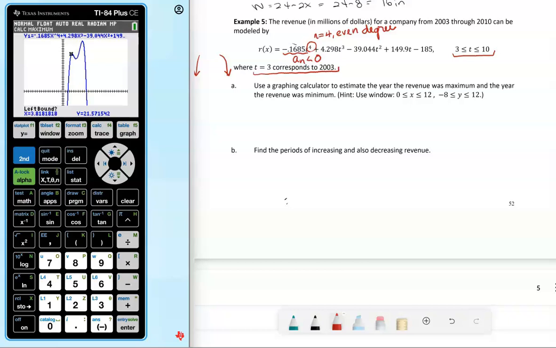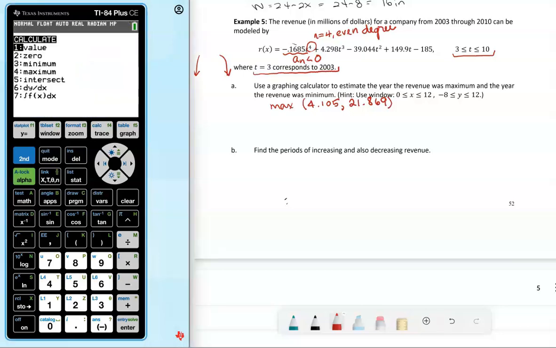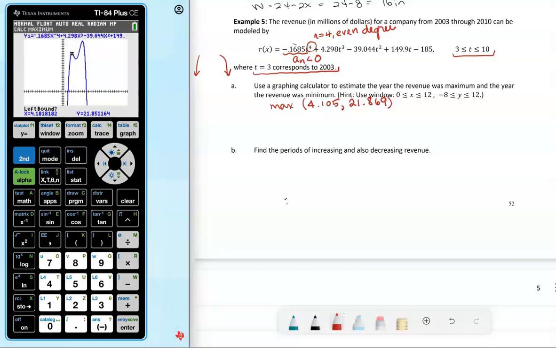So I'm going to get this little maximum and hit enter, and enter one more time. And I have a maximum, let me just record this value, of 4.105 and 21.869.